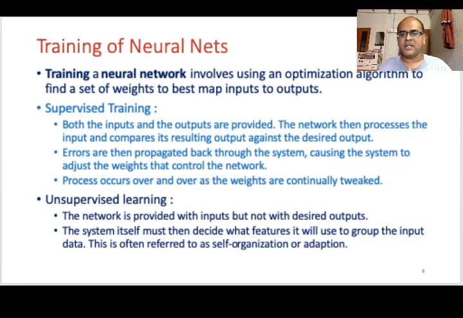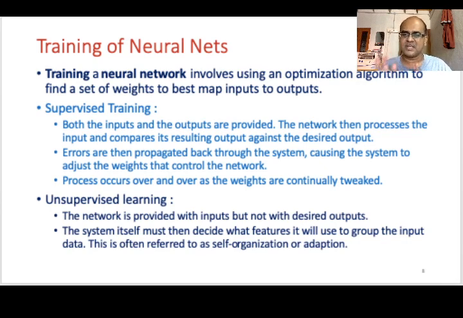So what will happen here? The system itself must decide what features it will use to group the input data. This is called self-organization or adaptation. That is very important. Obviously unsupervised learning is a bit more difficult than supervised learning, where you learn under the supervision of a teacher and obviously get better results.